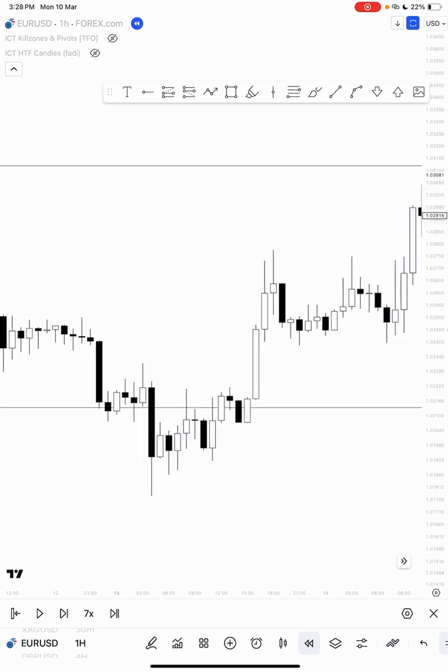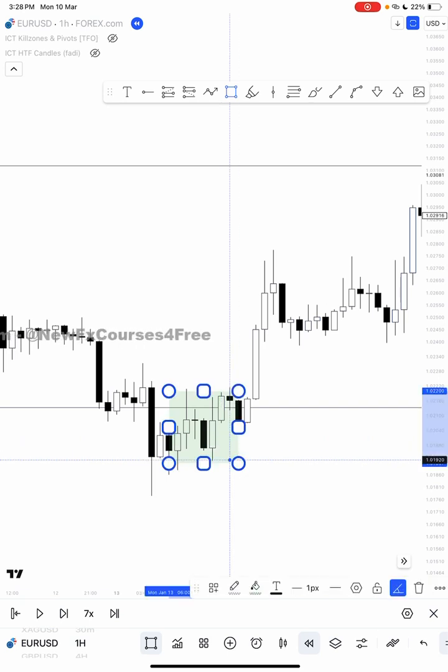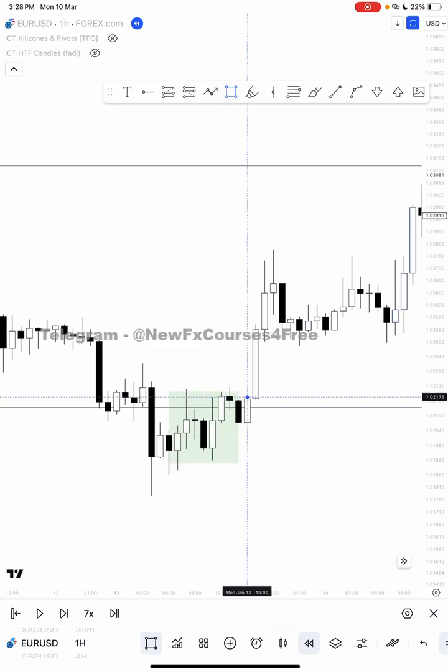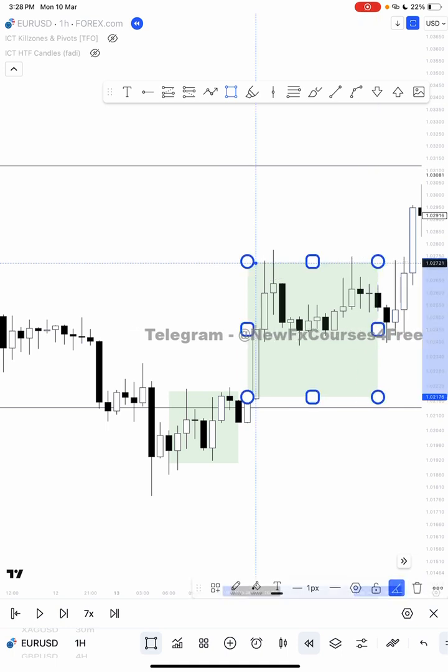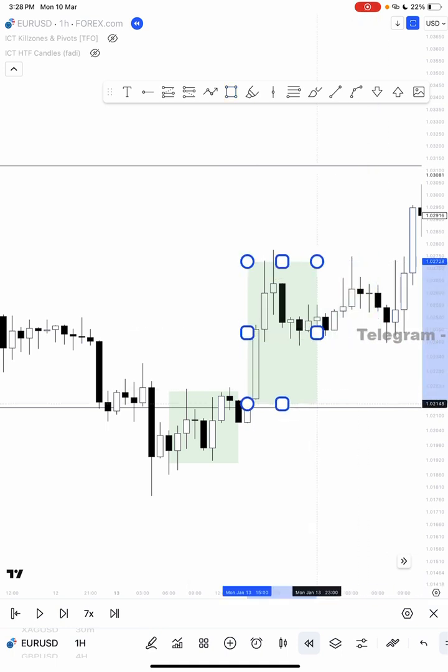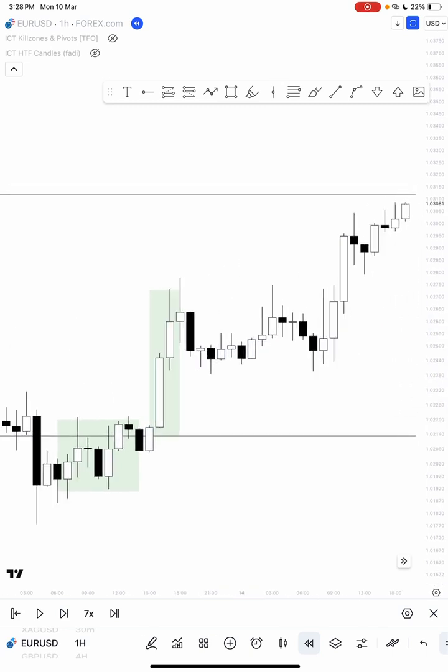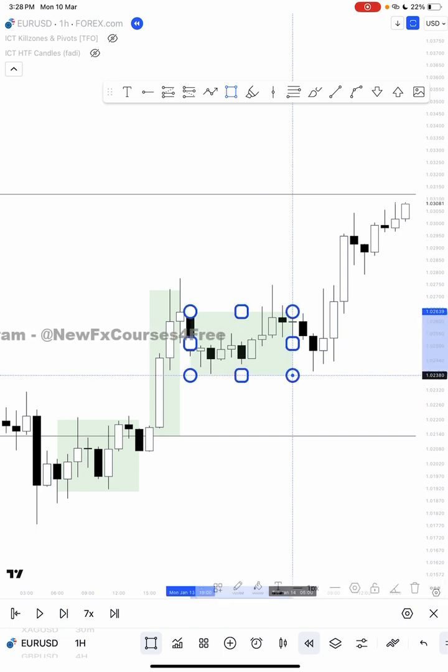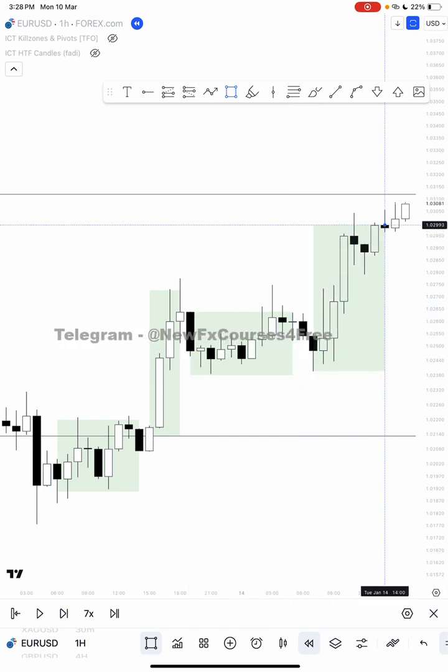So here, starting with the range profile, range expansion, range trend, anyway you call it, and range and trend.